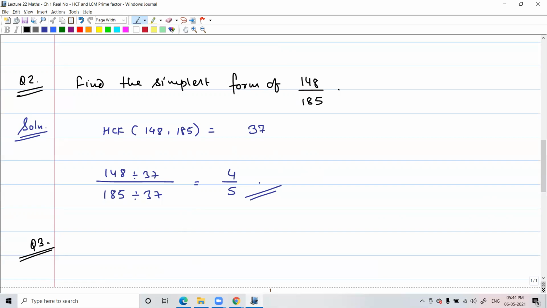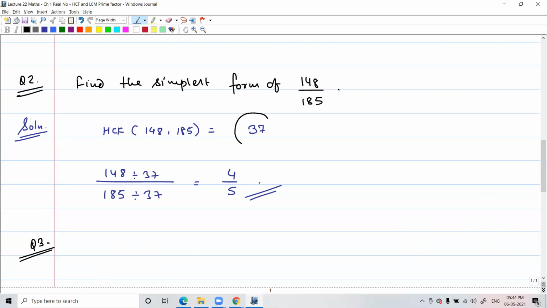Yes, sure. See, in this question, they are asking you to write this in the simplest form, right? Simplest form means you have to cancel this out basically, and bring it to the simplest form, which will not have any common factor between the numerator and denominator. So normally you will try to do this on your own just by trying some simple numbers. You'll try with 2, 3, 4, 5 like that.